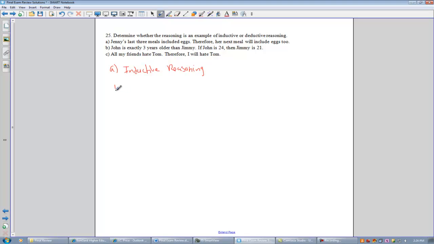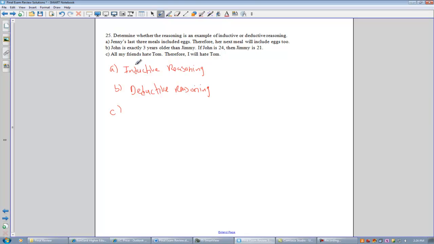Now part B, it says John is exactly 3 years older than Jimmy. If John is 24, then Jimmy must be 21. This is actually an example of deductive reasoning, because here you're assuming that John is exactly 3 years older than Jimmy, so if I know John is 24, I conclude Jimmy is 21.